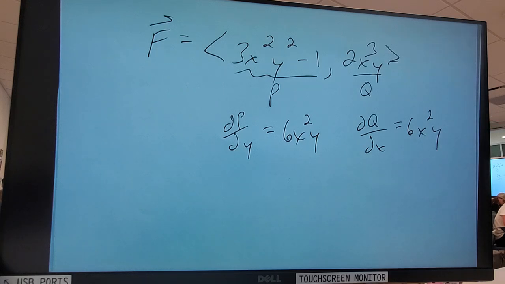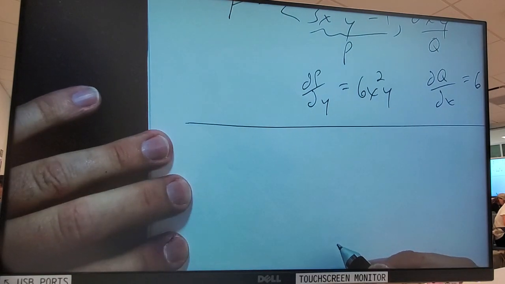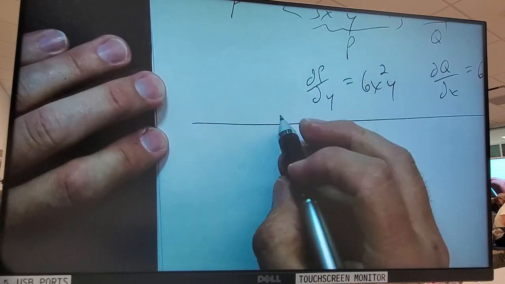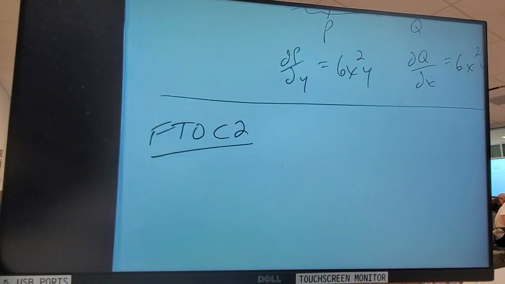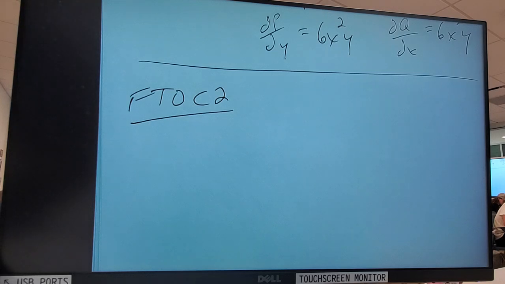Okay. So what is the usefulness of knowing that this is conservative, Jeff? Well, let me take a step back. Do you guys remember F-Talk? Well, I call it F-Talk. I don't know what your teacher called it, but the Fundamental Theorem of Calculus Part 2.